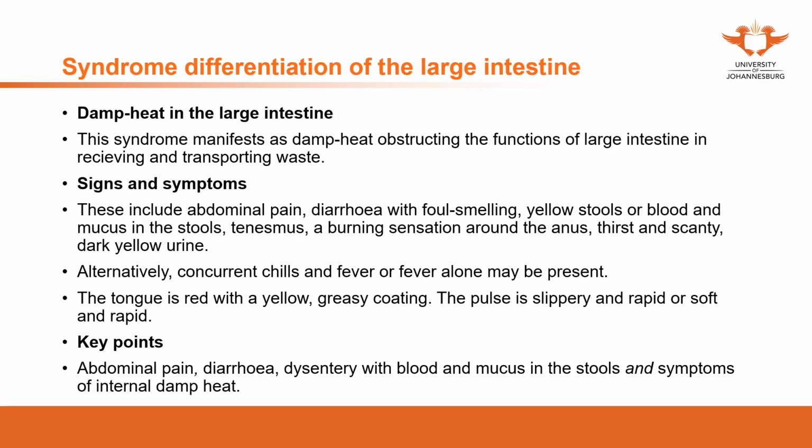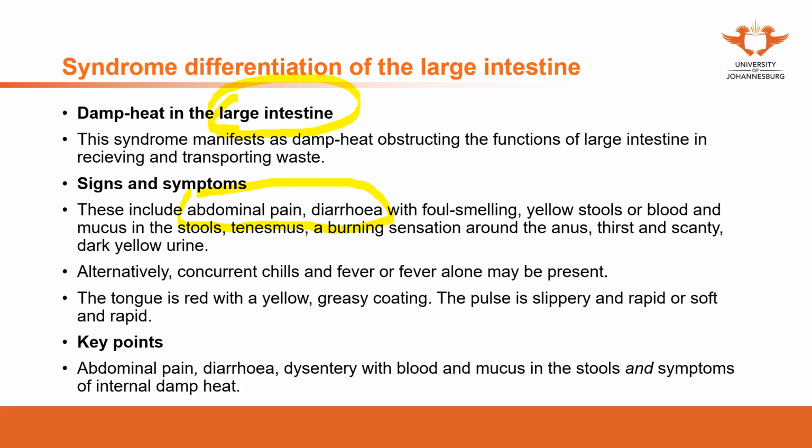The first one is the damp heat in the large intestine. Because the most important function of the large intestine is related to the bowel movement, this will relate to abdominal pain and diarrhea.